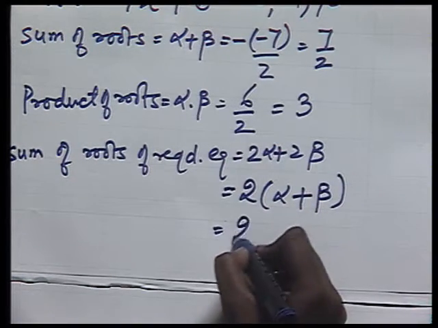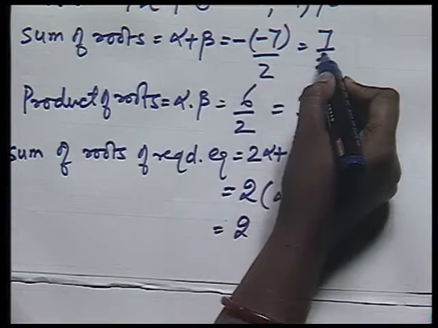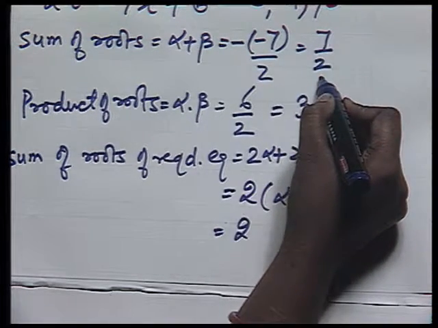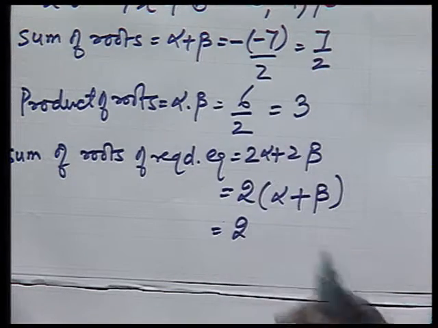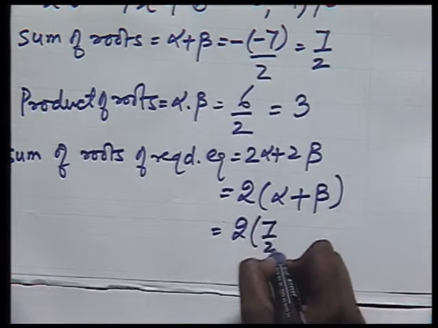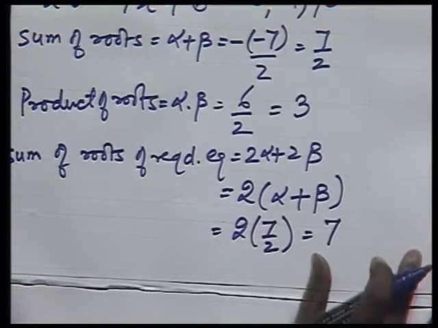Now, we know that alpha plus beta is equal to 7 upon 2. So, we can replace alpha plus beta by this value. So, we get 2 times 7 upon 2, that is equal to 7.